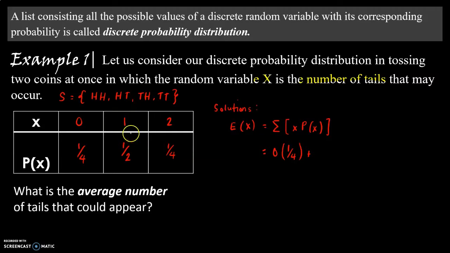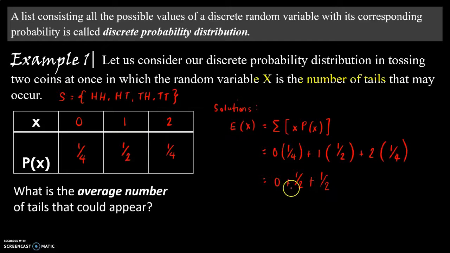Plus 1 and its corresponding probability, which is 1/2, plus 2 and its corresponding probability, which is 1/4. 0 times 1/4 is 0, so we have 0, plus 1 times 1/2 is 1/2, plus 2 times 1/4 is 2/4 or 1/2.